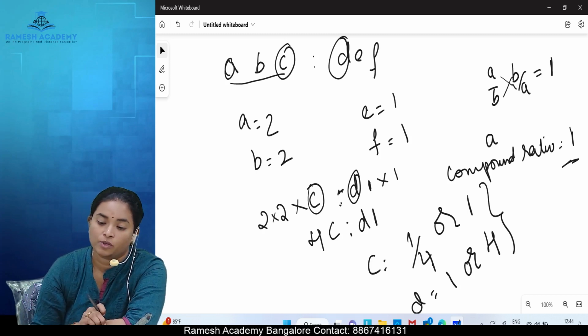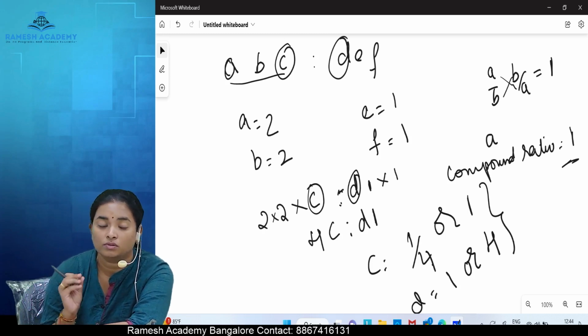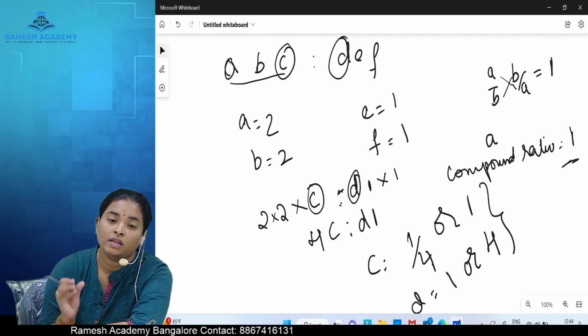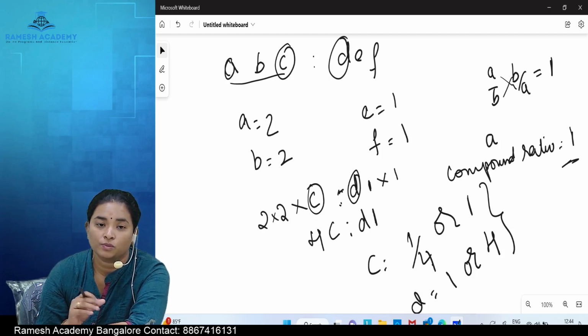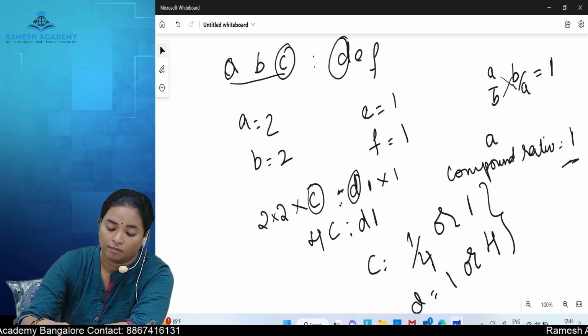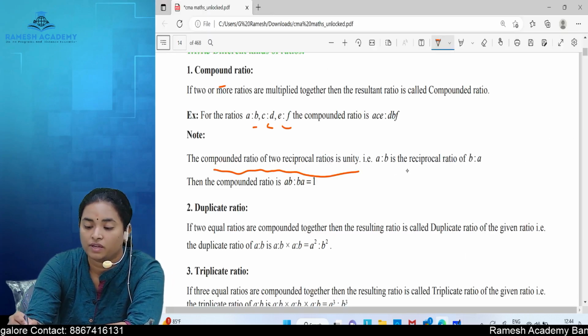These are the possible values. So this is why you need to know. They may appear as simple concepts, but if they say compound ratio, you should understand the meaning behind that.